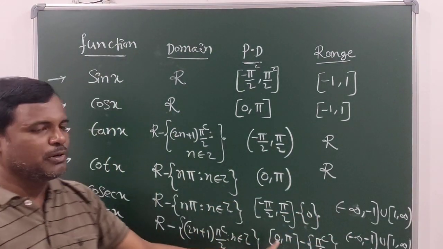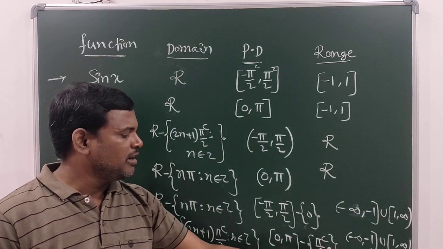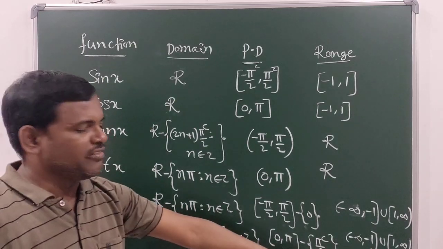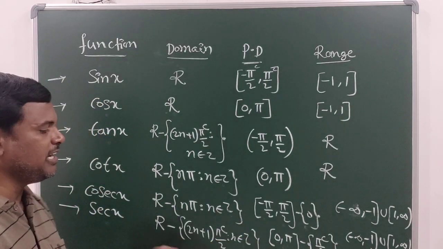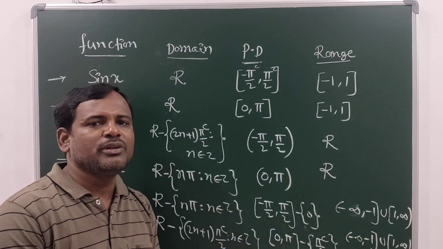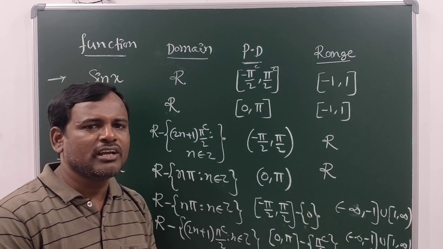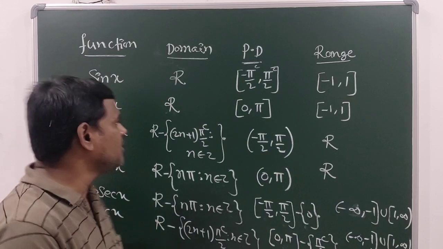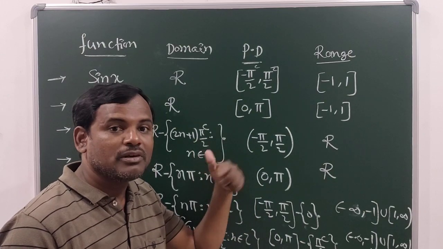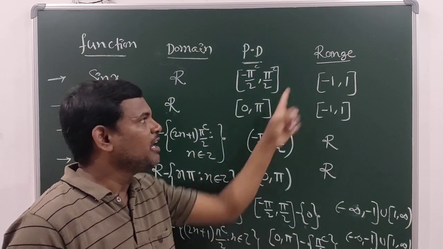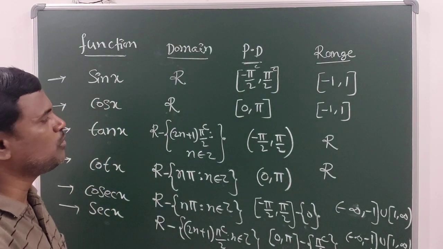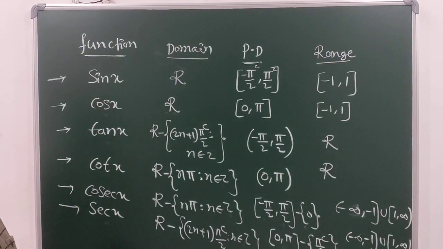Secant x principal domain is 0 to pi, and 90 must be subtracted from this interval, because secant 90 is not defined, and the range is minus infinity to minus 1 union 1 to infinity. To define the inverse of these trigonometric functions, you have to remember these principal domains and their respective ranges. Okay, now let us go to the inverse of these functions.